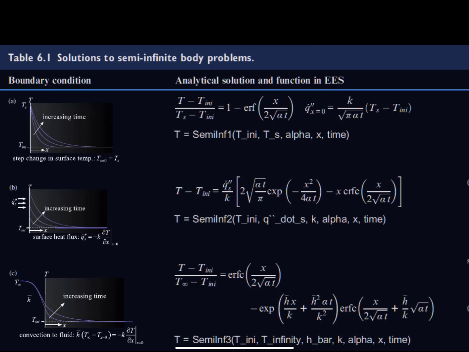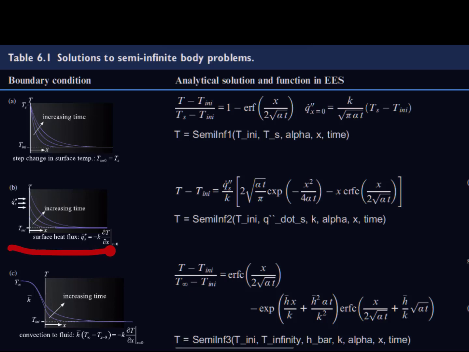And this is implemented in EES here, right? So this is the temperature profile, and then this is the heat flux at x equals 0. So you can just use these solutions, right? You don't have to know how you got to the 1 minus error function, but you can actually use it if you know that the conditions are right.